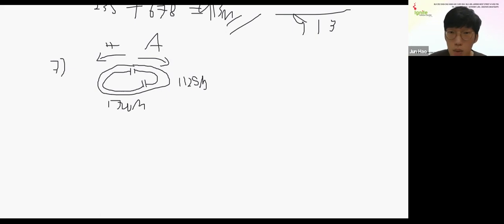So if we know that, we know how to find the total distance. The total distance they have traveled together, we just need to add these two up.